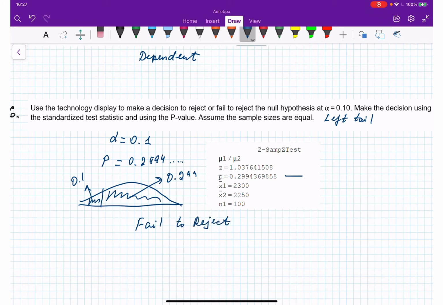If it were a right tail, then we would reject the null hypothesis because it would fall in this tail area, because the p-value is greater than the level of significance.